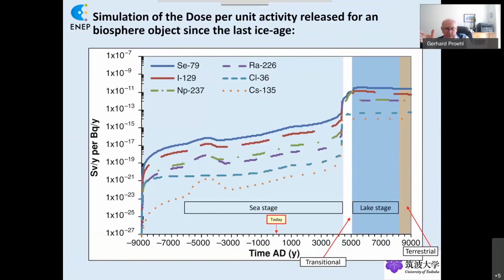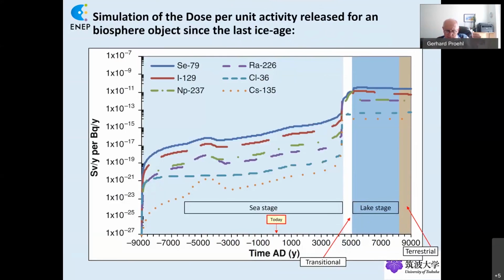Here this picture is a bit clearer. This is a simulation of the doses per unit activity released for a biosphere object since the last ice age. So to say, to look backwards, what was the development in the last years.